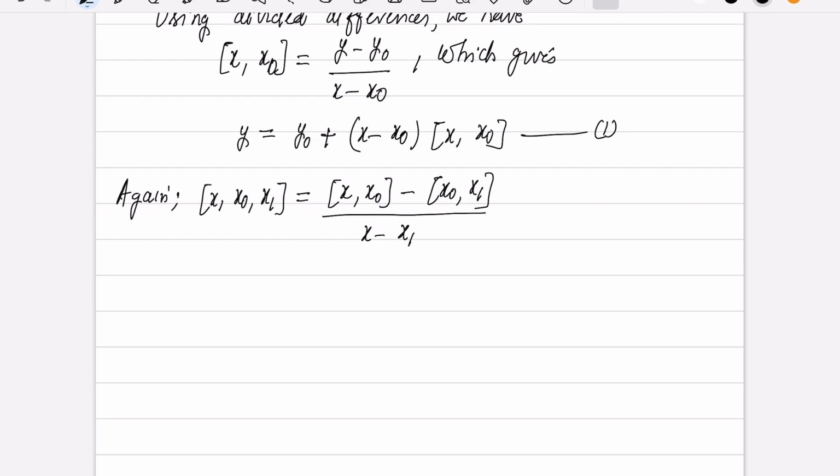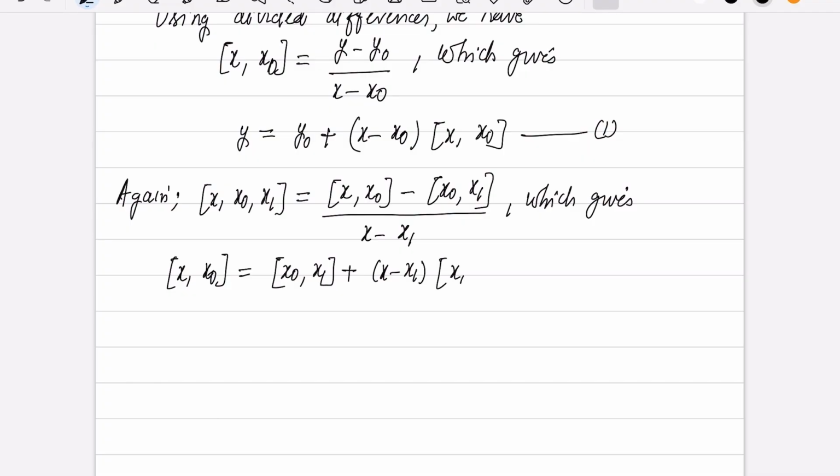Now multiplying this gives x comma x0 equal to x0 comma x1, which is just manipulation of the terms to the left and right hand side, plus x minus x1 into x comma x0 comma x1.